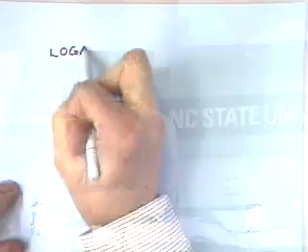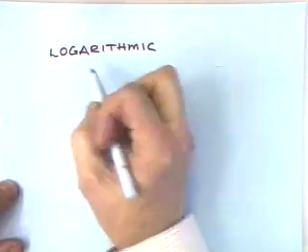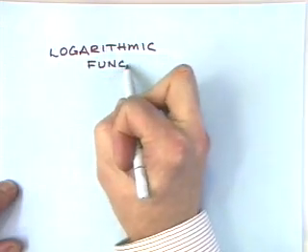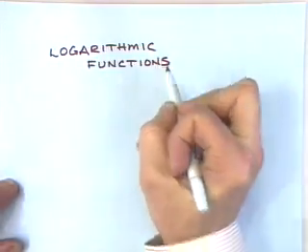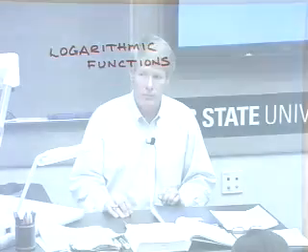Okay, let's go on to a special type of inverse. In fact, this is one of the main reasons we're doing this, and this would be logarithmic functions. If we want to start with a function that is exponential and interchange the roles of x and y, we're kind of stuck unless we come up with some special kind of name.